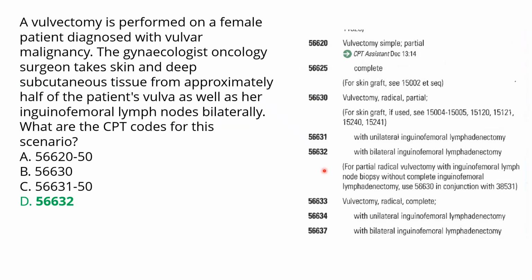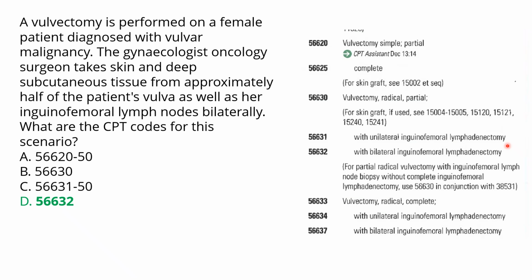So after looking at all the codes, D is the correct answer, because 620 talks about only a simple vulvectomy, and 630 talks about a radical and partial vulvectomy. But you can see there are two indented codes which talk about the inguinofemoral lymph node removal, and that has happened.